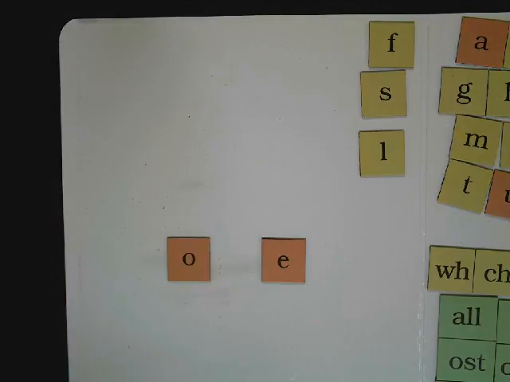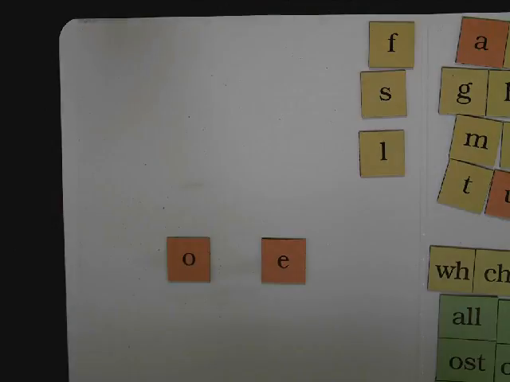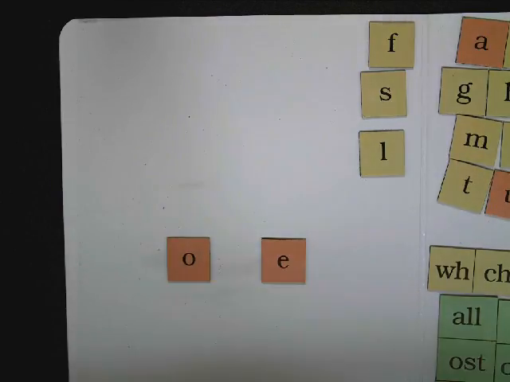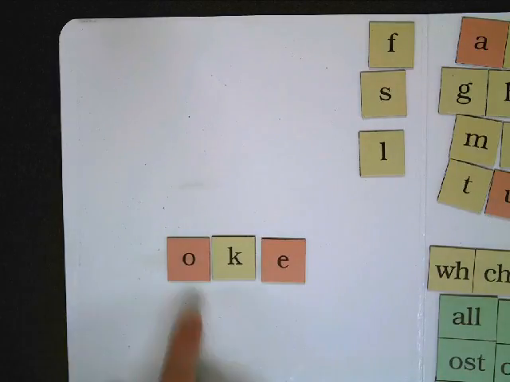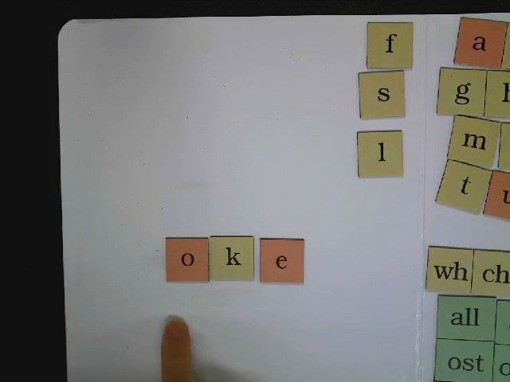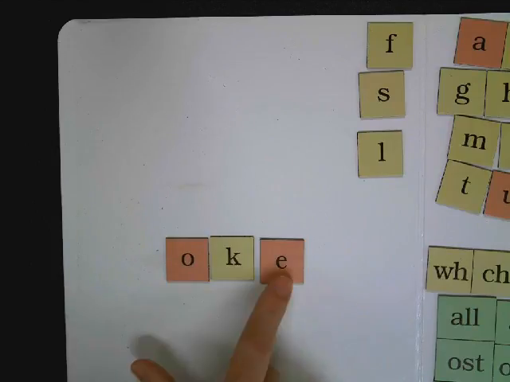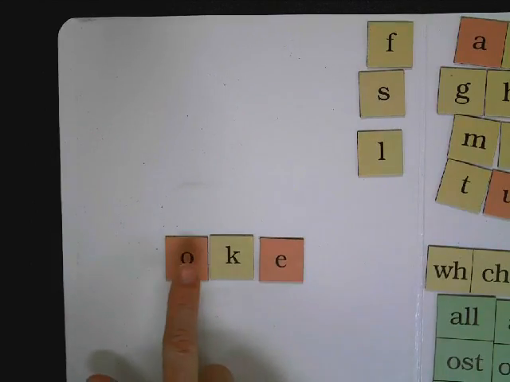We'll do a little bit of a review here. Vowel consonant E. If I have vowel consonant E in a word, let's put a K in there. Go ahead and put a K in. So I have O-K-E. Let's tap it. This O and the E together make that O say O. O-K.